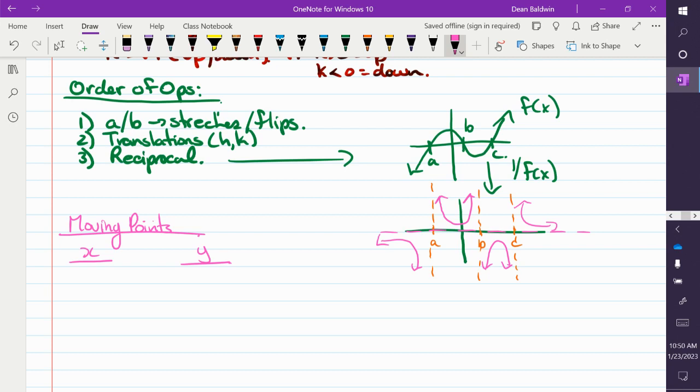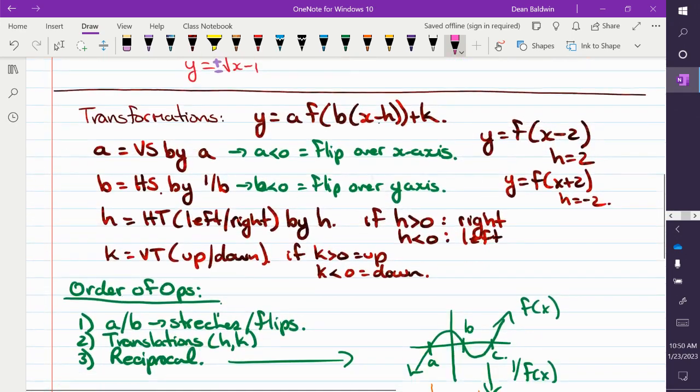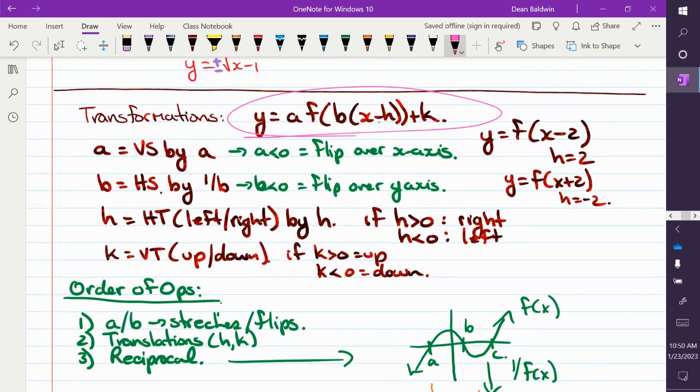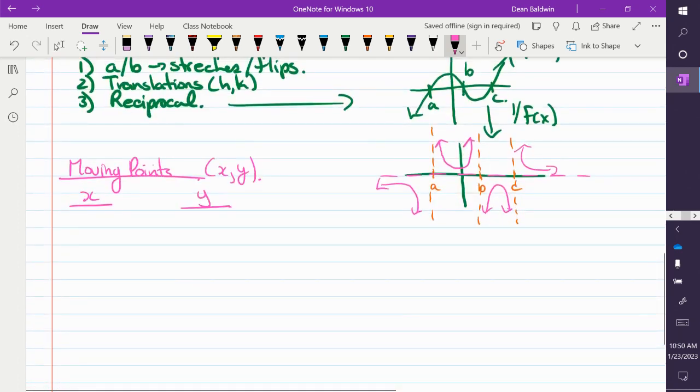So let's do the y's first. If I have the point, I'll just call it xy for now. Which values in this equation affect your y values? A and k. Which one do you have to do first? A. Do you have to flip A? No. So you just go A times your y value, and then add the k. That's where the formula comes from.